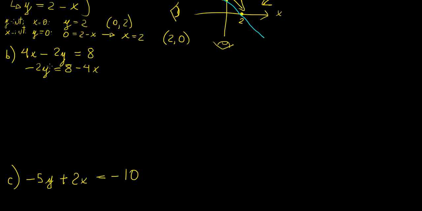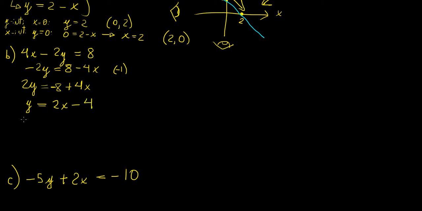Now we multiply both sides by minus 1, such that the left hand side becomes positive. Actually, the 8 is going to become minus, and the minus 4x is going to become plus. Now we can divide both sides by 2, so this is going to be y. I'm going to rearrange this so that the x is on this side now. So that's going to be 2x minus 4.